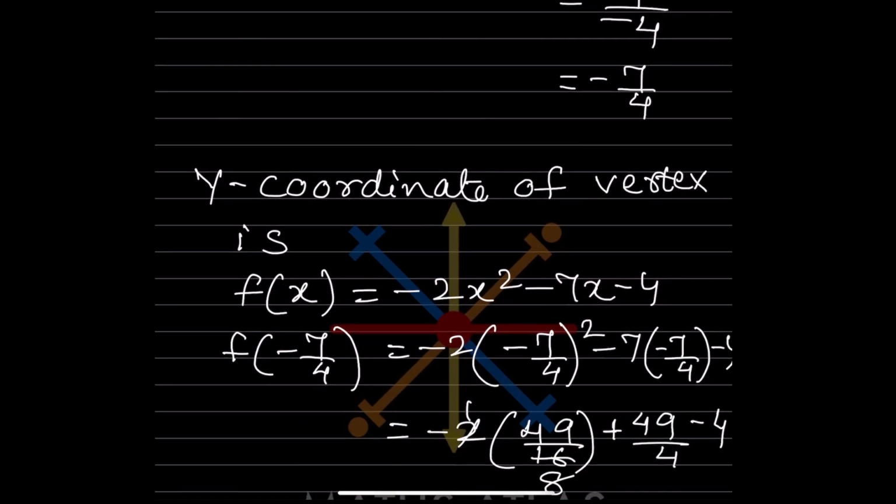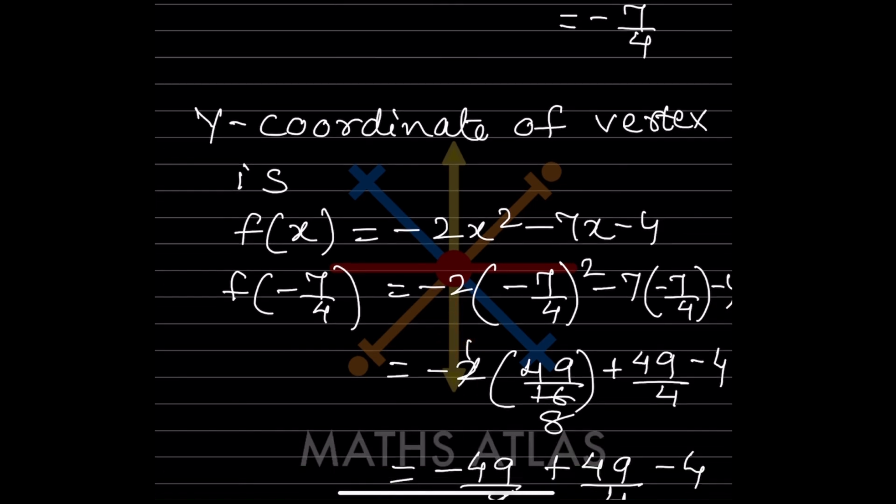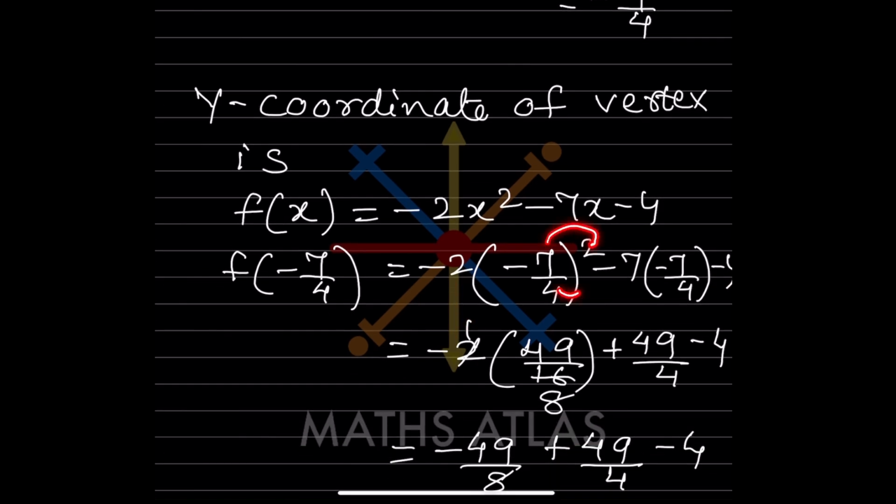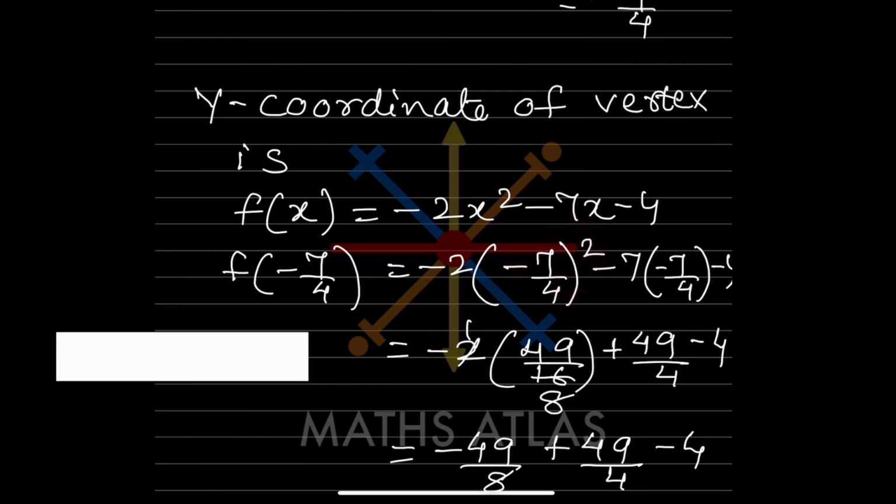Now let us see the y coordinate. The y coordinate of the vertex is f of x, that is minus 2x square minus 7x minus 4. So minus 2, and this is going to be minus 7 by 4 square, minus 7. Again, wherever you see x, you are going to put minus 7 by 4, minus 4. So now you are going to multiply this into this into this. And as I told you earlier, this is 2. Whenever there is an even number over it, you get minus into minus, that is going to be positive 1.